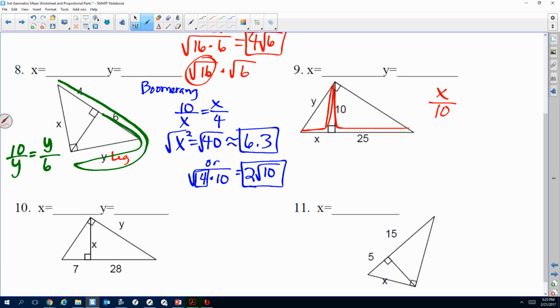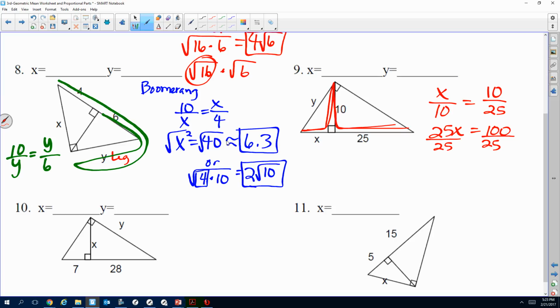So we want X up 10, back down 10, so that's 10 over X equals X over 25. So this would give me x times 25, 25x equals 100. And then we're dividing both sides by 25, which I think you know. If not, put it in your calculator. So you should be able to give me that answer.